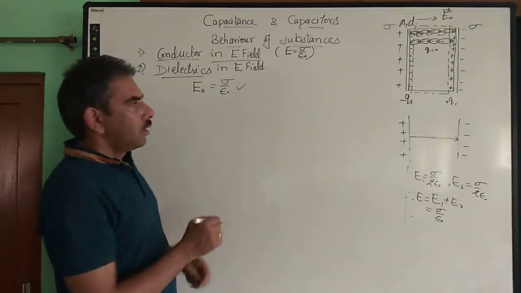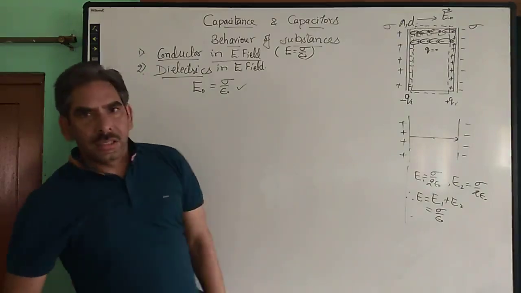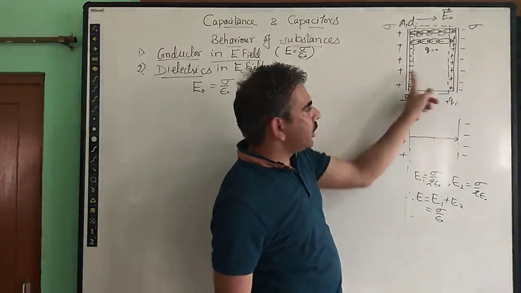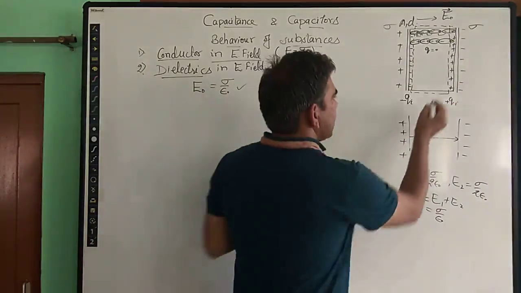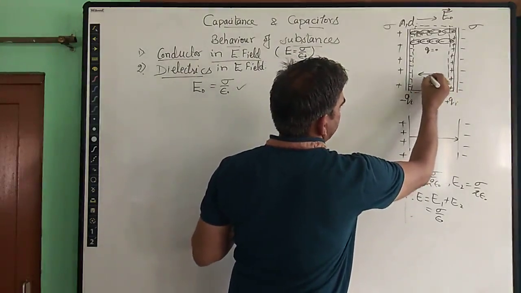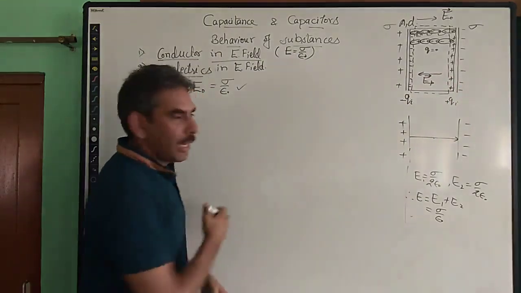And in the case of a dielectric, this is the difference: the electric field which is set up across the two opposite faces is called the electric field due to polarization. We call it EP, which will be opposite to the electric field which is applied.